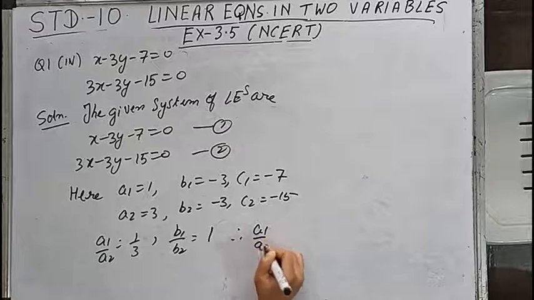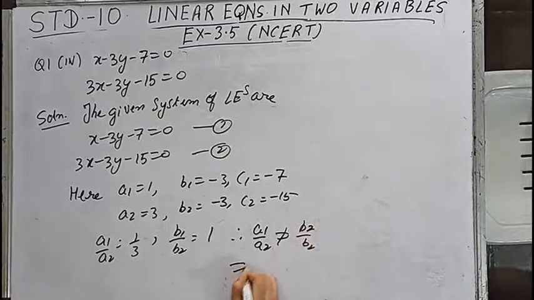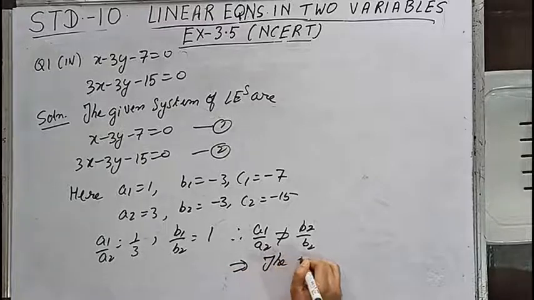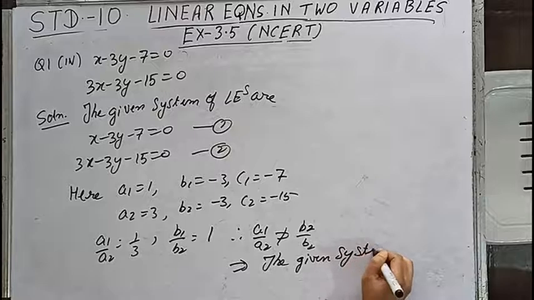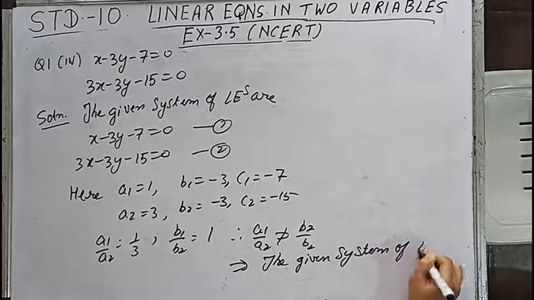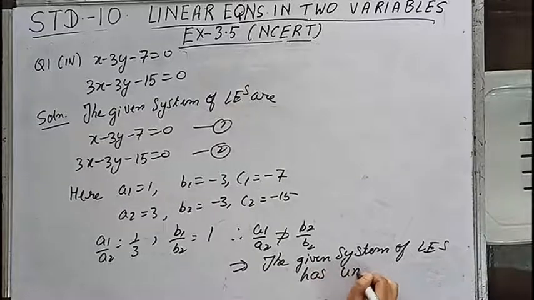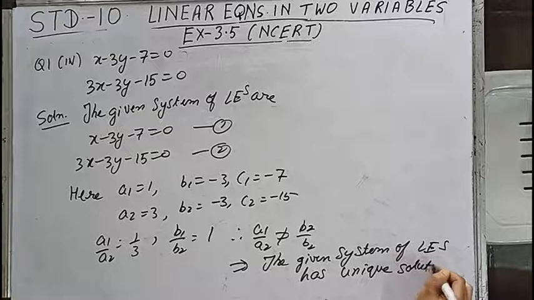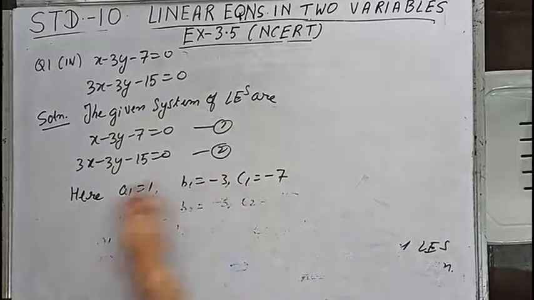Therefore, a1 by a2 not equals to b1 by b2 implies the given system of linear equations has unique solution. So let us find that unique solution by cross multiplication method.